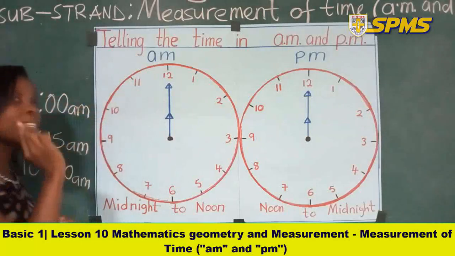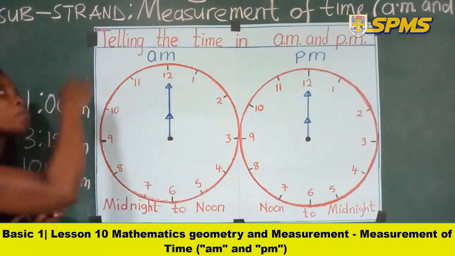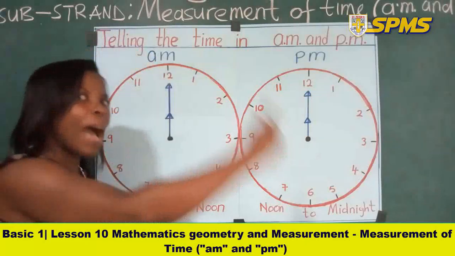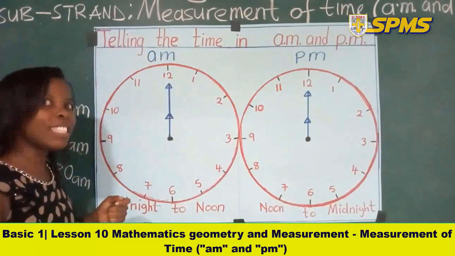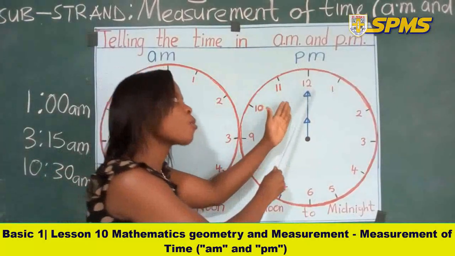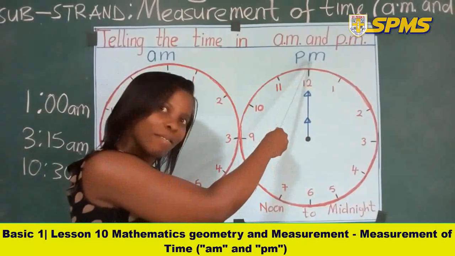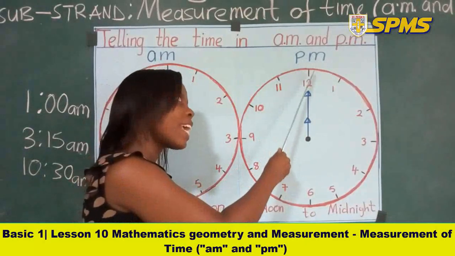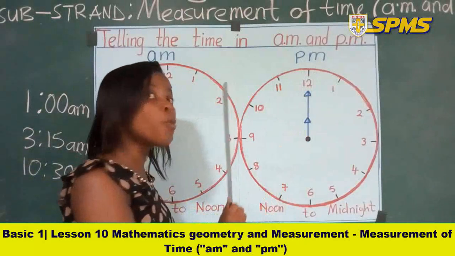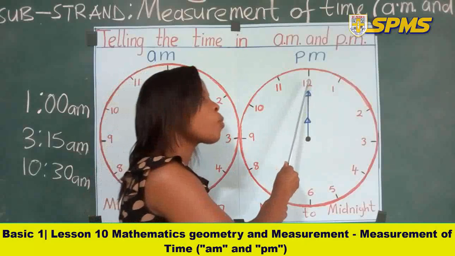The moment the minute hand and the hour hand go back to 12 again, we start the second part of the day. So the second part of the day also begins from midday, 12 o'clock, or you can say noon. So it also starts from 12.